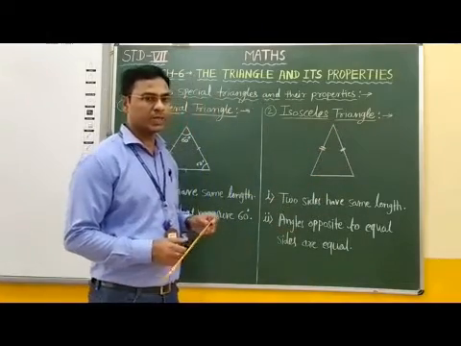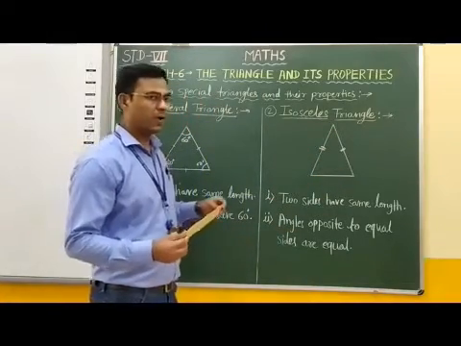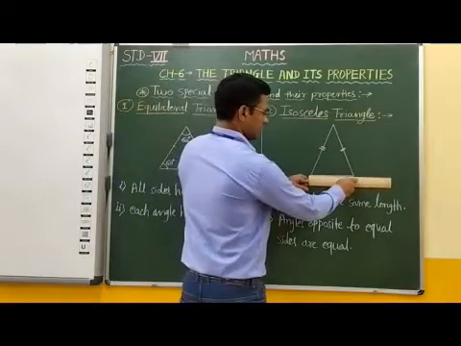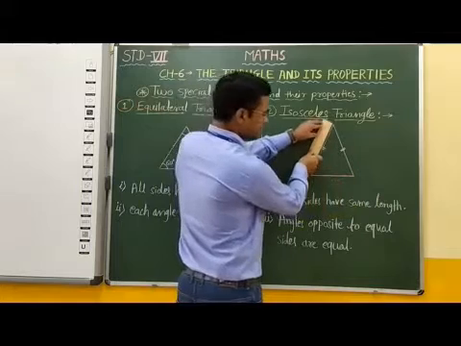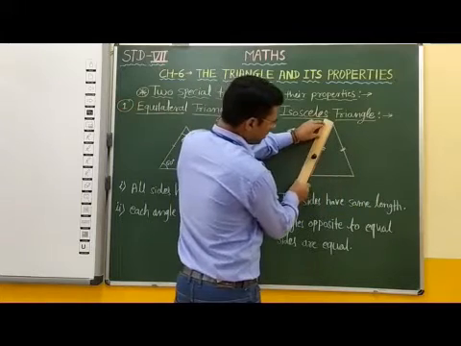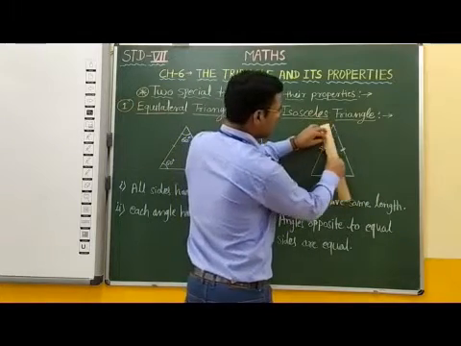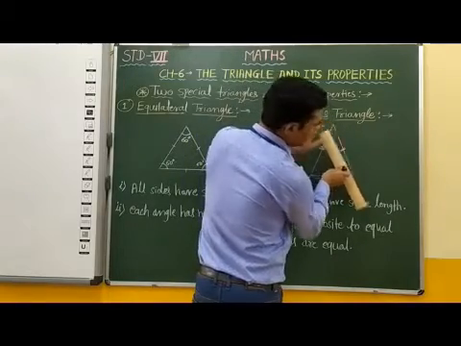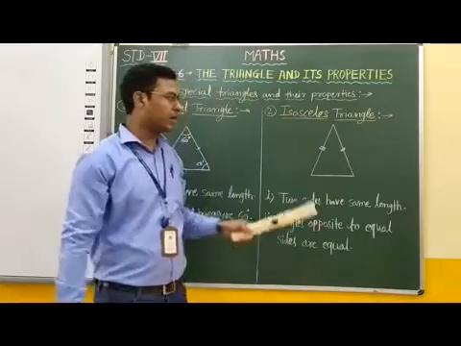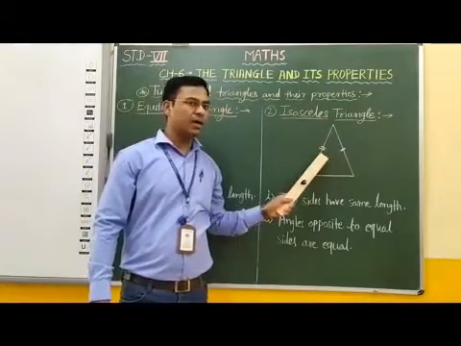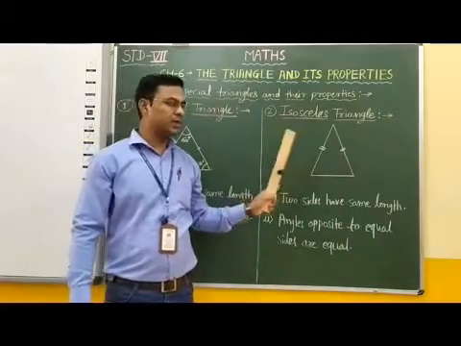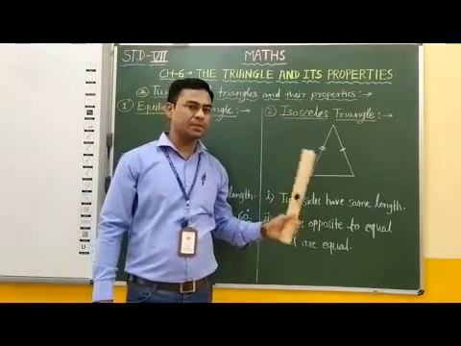Now we are going to measure lengths of all sides. First side is 8 centimeter, second side 11 centimeter, and third side is also 11 centimeter. Therefore, in this triangle, two sides are equal. Therefore, we can say that this triangle is called isosceles triangle.